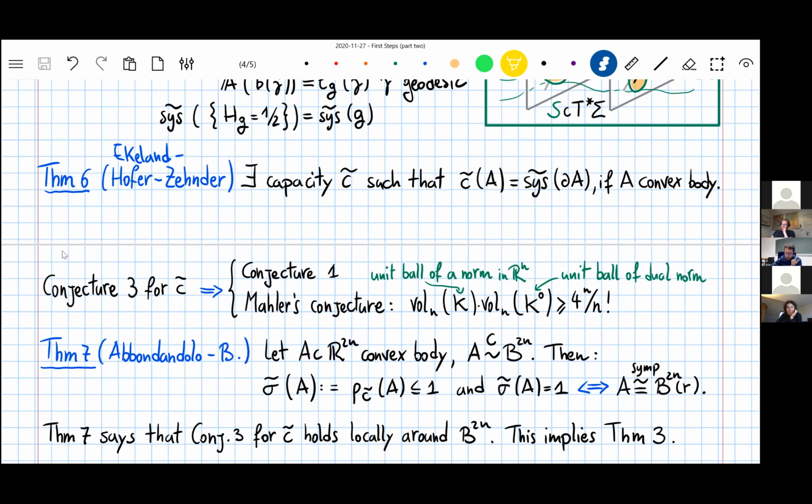But what I want to do now is observe that even though this conjecture 3 for C tilde is still open, we at least know it in a local version.